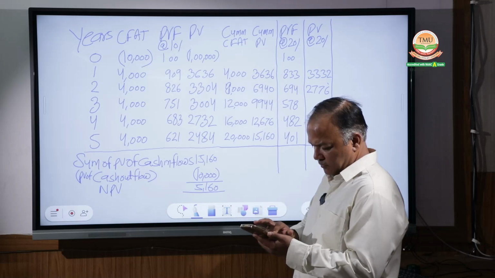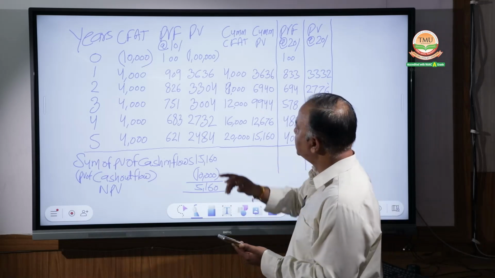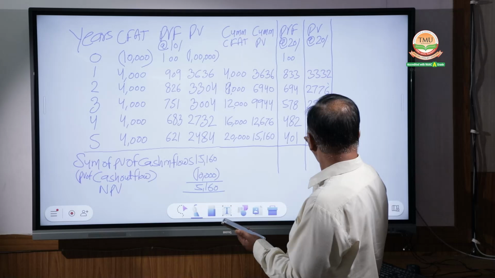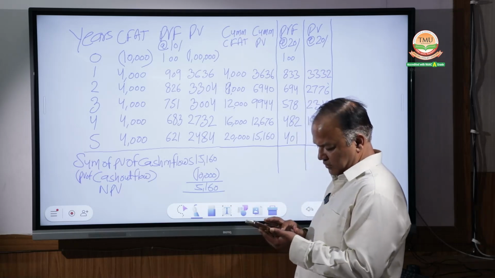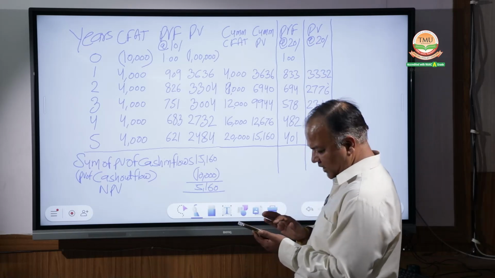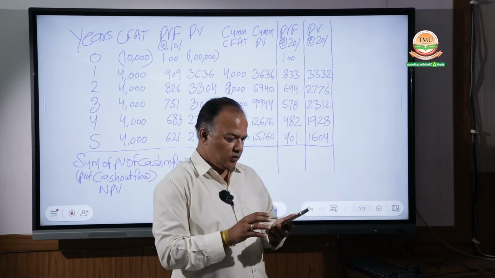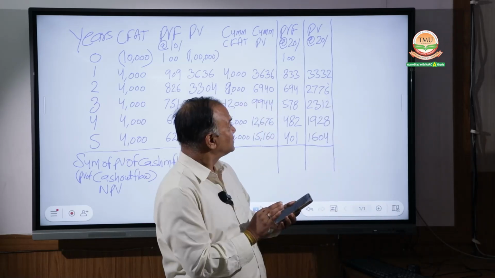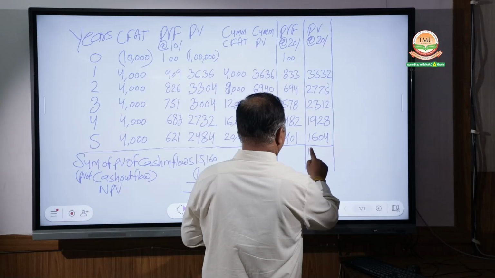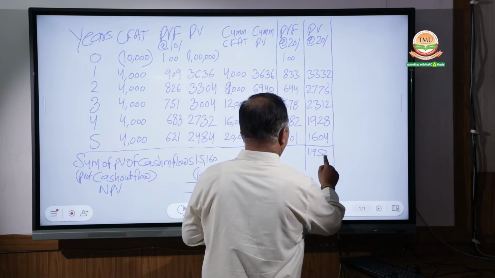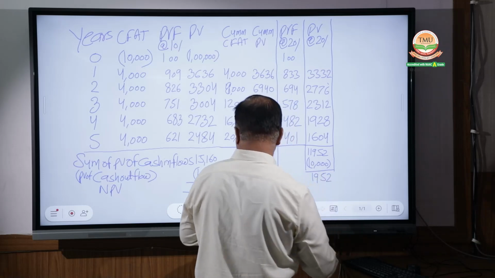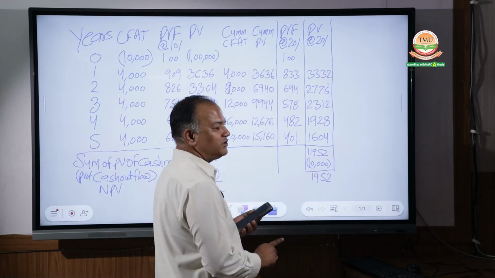Now 0.578 into 4000, 2312. 0.482 into 4000, 1928. 0.401, 1604. 1604 plus 1928 plus 2312 plus 2776 plus 3332, 11952. 11952 less 10,000 is 1952. Again, this is NPV, which is positive NPV.